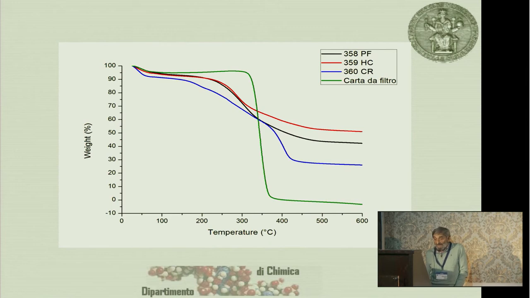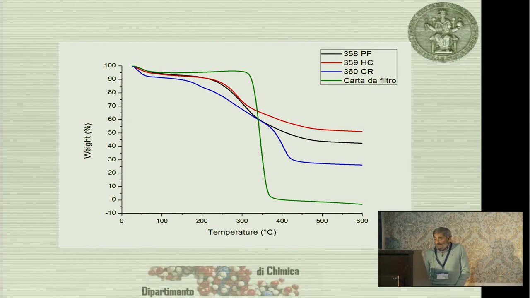This slide contains thermogravimetric analysis, TGA, in green, of a piece of paper filter, cellulose, a simple solid. You take a piece of paper filter and make this thermogravimetric analysis.